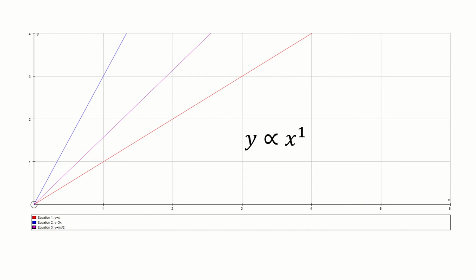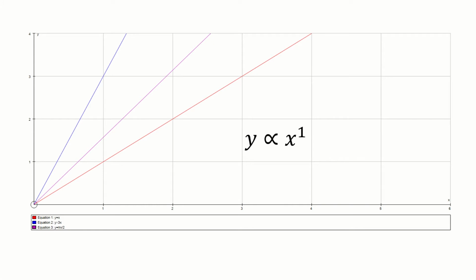So what's this got to do with rates? Well, if you were to take a graph similar to this, I'm going to change y, so y equals rate, and I'm going to plot my reaction rate up the side. And I'm going to change my x, so that the x-axis now represents the concentration of something.